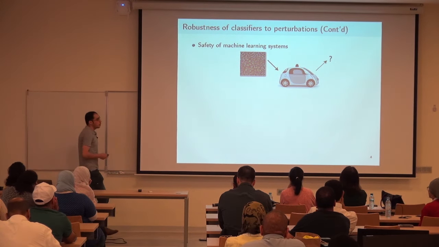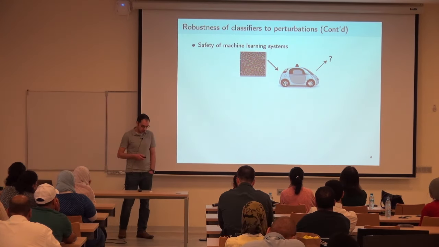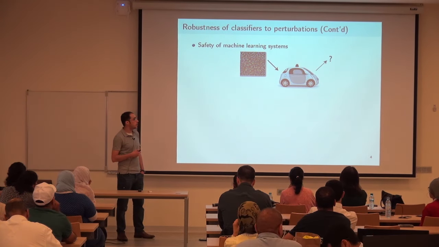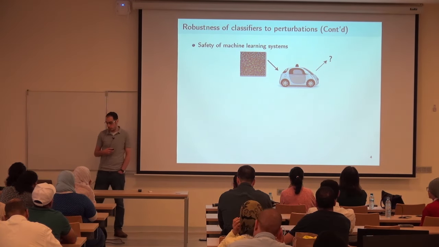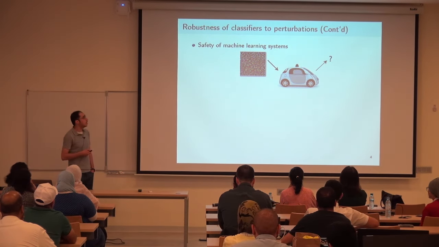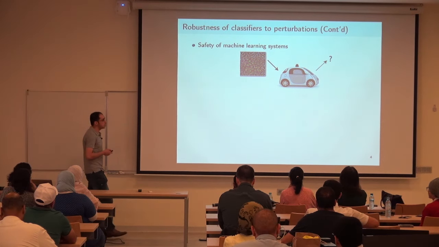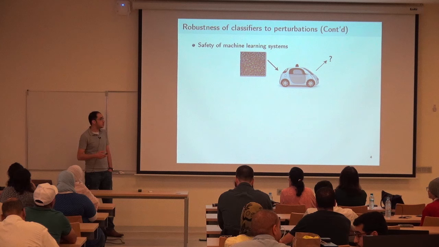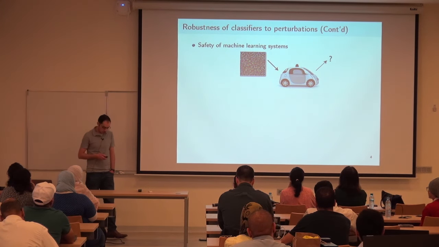Before going into the main subject, I'd like to highlight why I'm actually interested in this topic. I've been working on this for 5 or 6 years, and I think there are two main motivations why studying the robustness of deep neural networks is interesting.